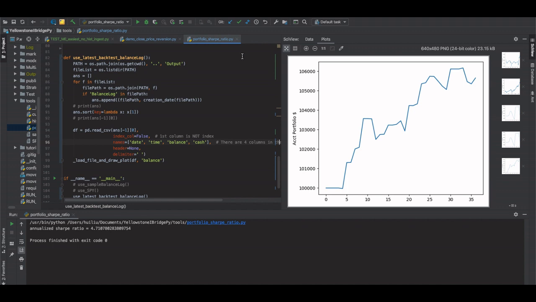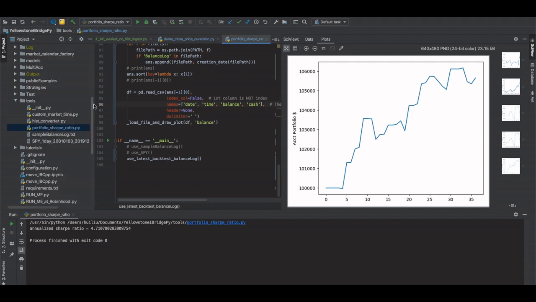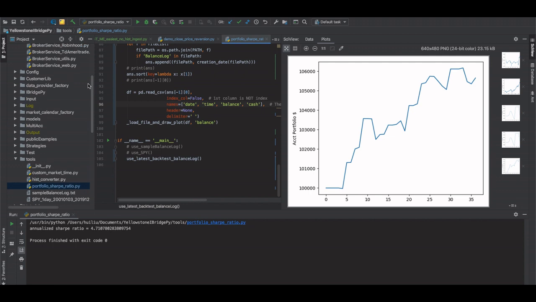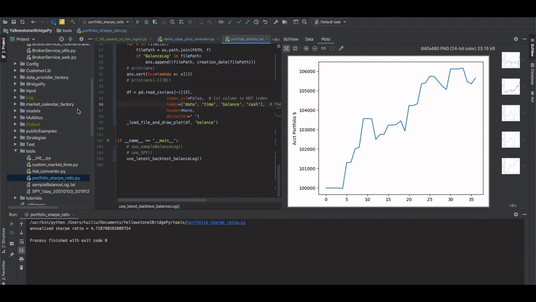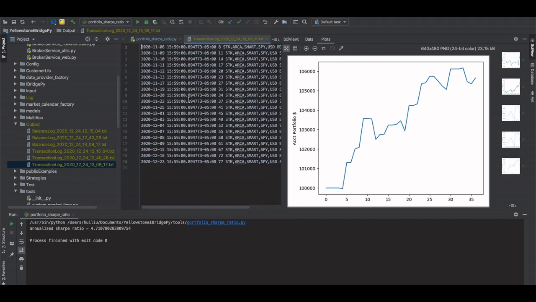In this file, there is a function called use latest backtest balance log. It means the simulation backtesting result is saved in a folder called output, and there are two files created in the latest backtesting. One is called transaction log.